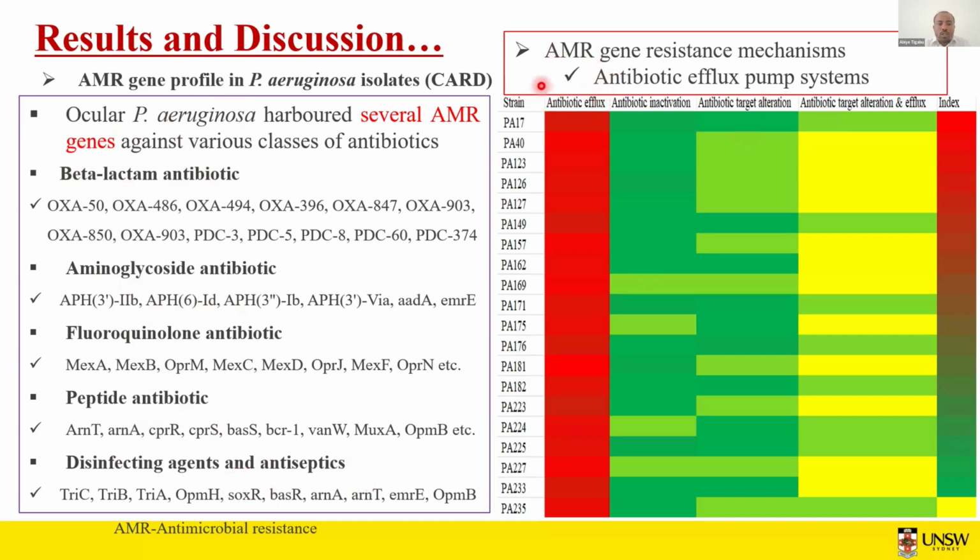Surprisingly, the majority of the identified antibiotic resistance genes in ocular Pseudomonas aeruginosa isolates are involved in antibiotic efflux pump systems. The red color in this heat map shows the abundance of the resistance mechanisms in each strain.